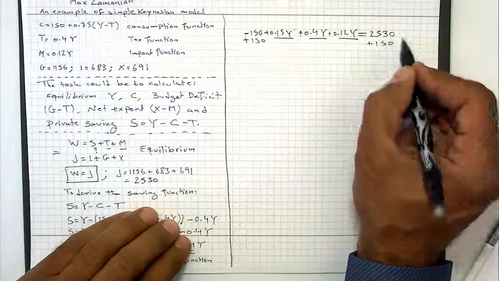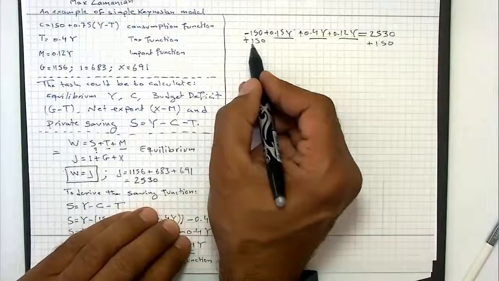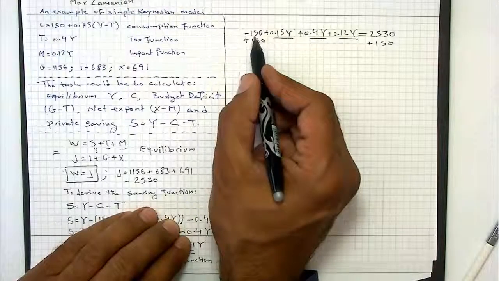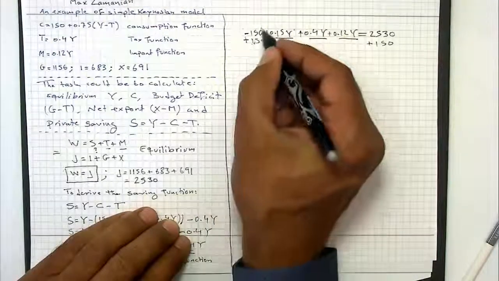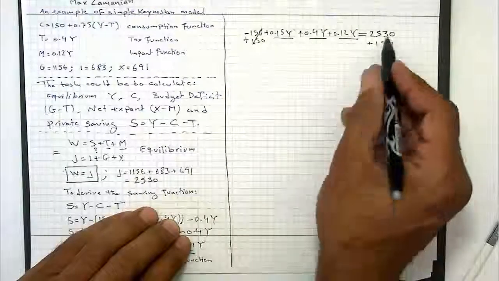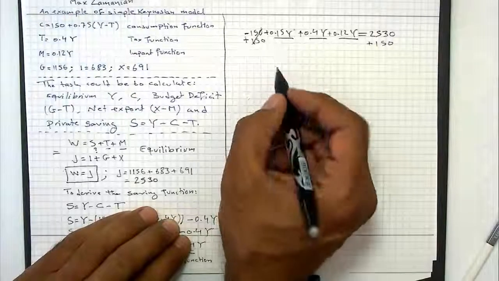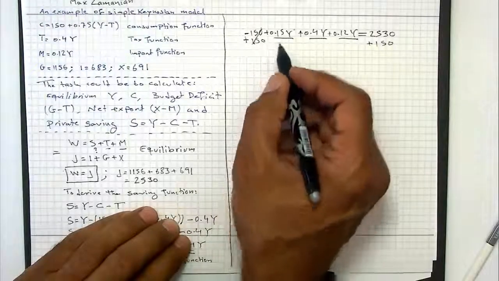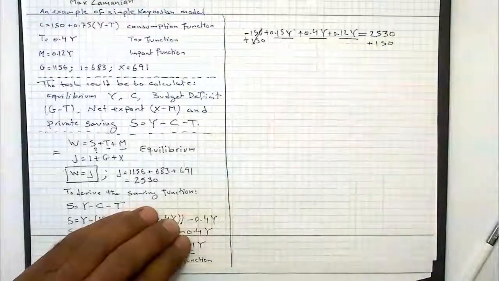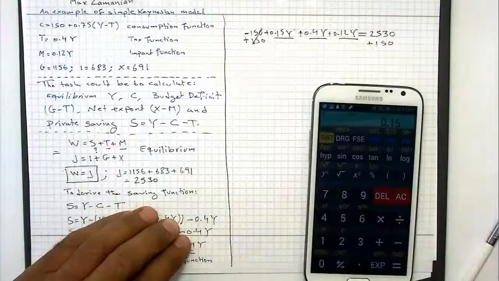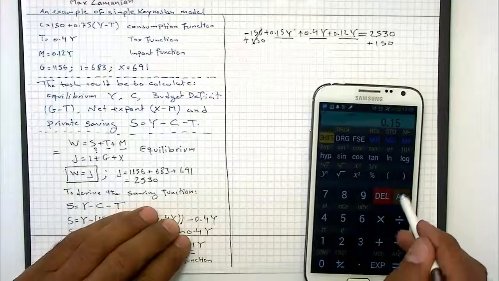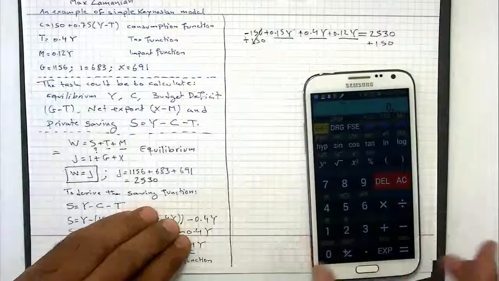So this plus 150 cancels out minus 150. And here I add it to the right hand side. To add these terms, including Y, again, we add up the coefficients.